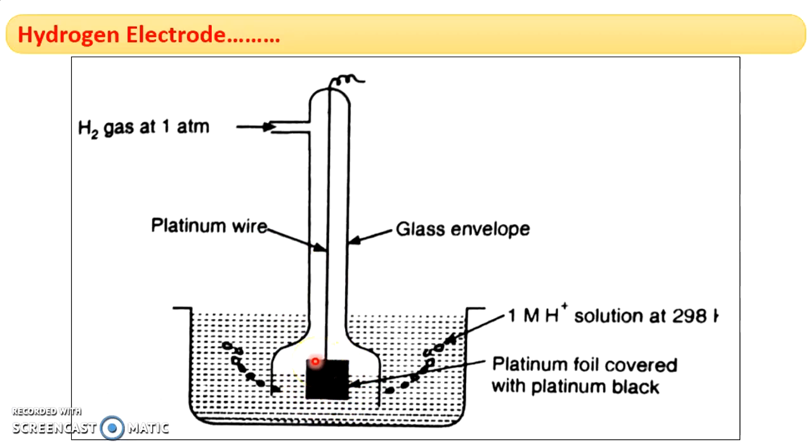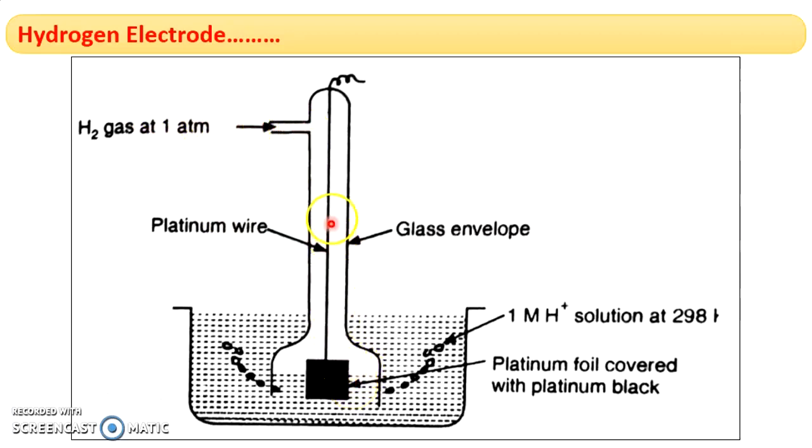Then the excess hydrogen gas escapes through the holes present at the bottom of the glass tube. We have to pass pure hydrogen gas continuously at 1 atmospheric pressure.